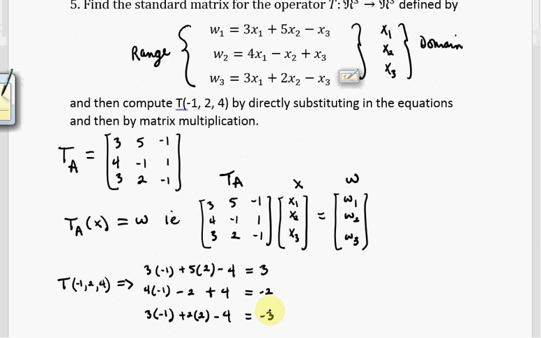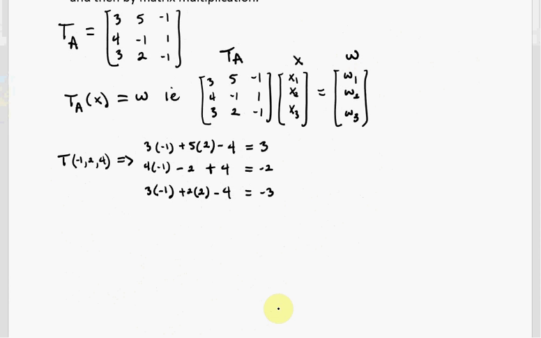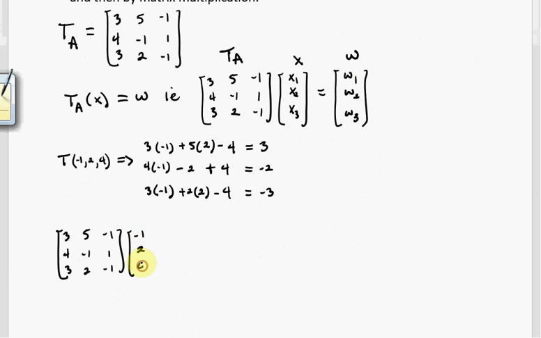Now they want to know, is that the same as matrix multiplication of the input vector x? It should be the same. So we check. We have 3, 4, 3, 5, negative 1, 2, negative 1, 1, negative 1, times the input vector, negative 1, 2, and 4.